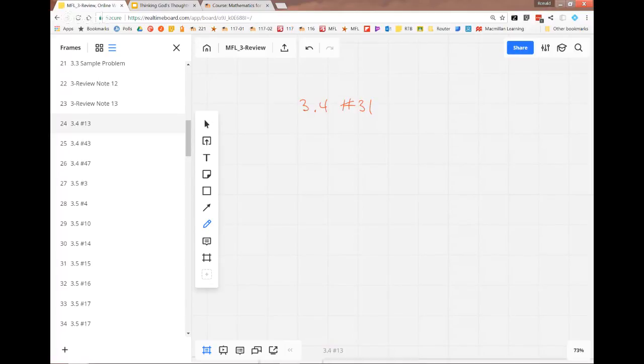4 is divisible by 4. 4 squared is 16, and 16 is divisible by 4. 6 squared is 36, that's divisible by 4. 8 squared is 64, that's divisible by 4. 10 squared is 100.